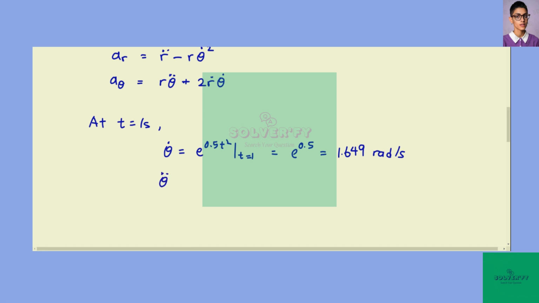Theta double dot is 2t times 0.5 e to the 0.5 t square, at t equals 1 is e to the 0.5, which is 1.649 radians per second square.